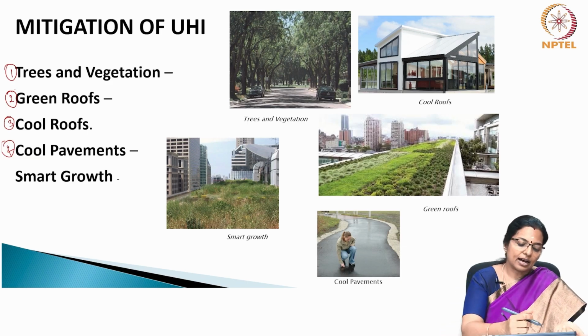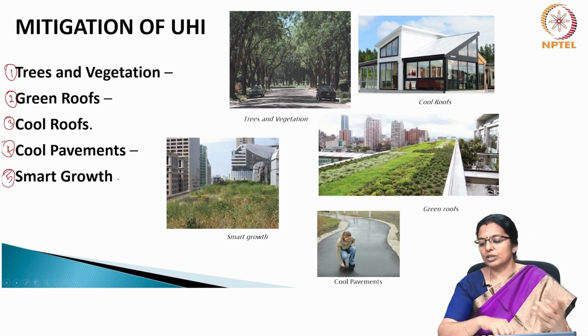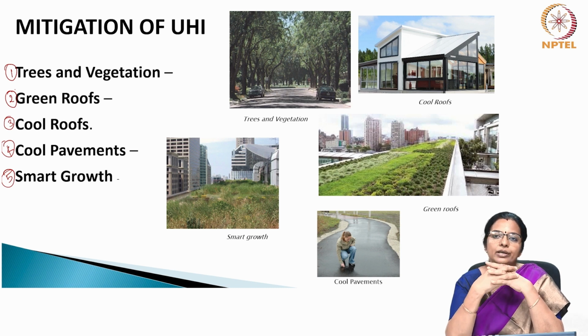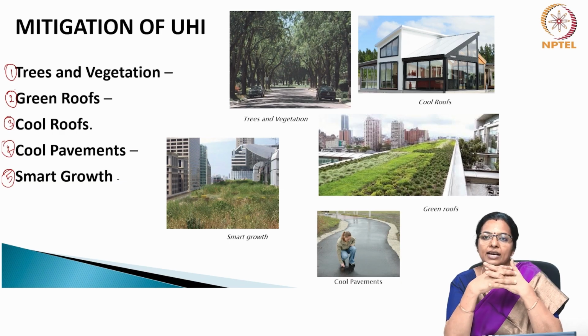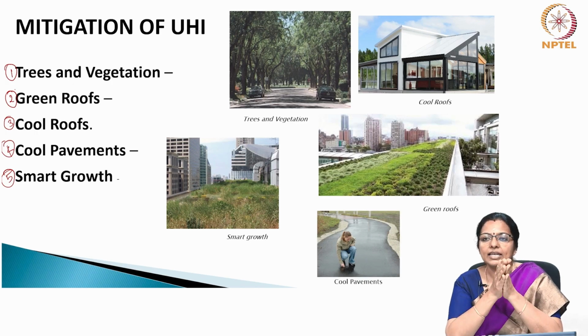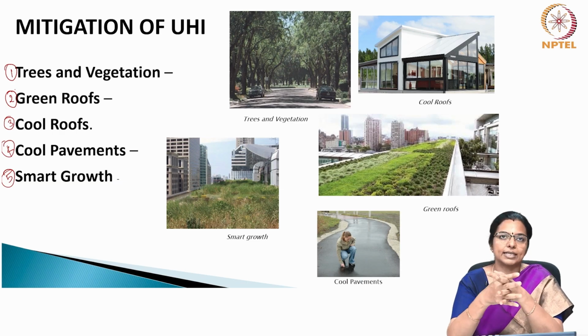And then the last is smart growth, which can be interpreted as good urban planning principles. These practices encompass a variety of development and conservation tactics that contribute to the preservation of the environment while simultaneously enhancing the appeal, vibrancy, and livability of our communities.